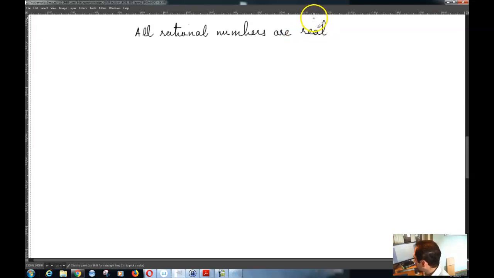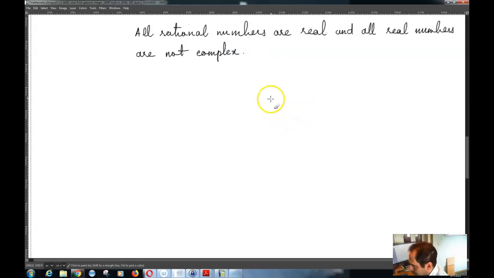And all real numbers are not complex. So here the connecting word, or technically the connective, is and, right?